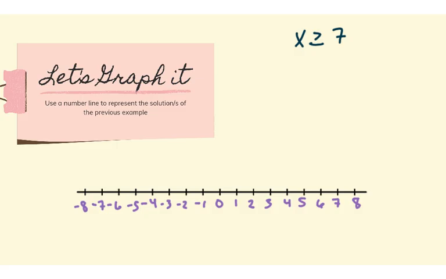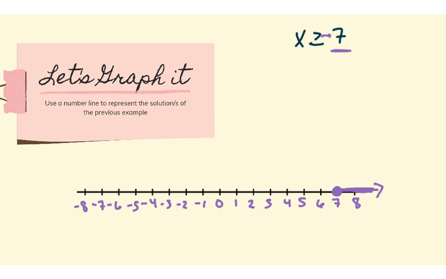So let's go back. We know we're going to have a closed circle. So what I'm going to do is find 7 on the number line. There's 7, and I'm going to put a closed circle where that 7 is. Now, our solutions are numbers greater than or equal to that, so my arrow is going to point this way.